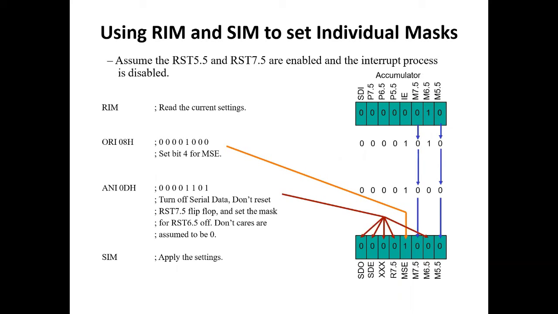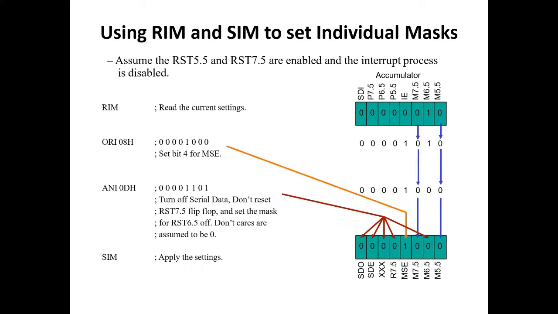Using RIM and SIM to set individual masks. Assume the RST 5.5 and RST 7.5 are enabled and the interrupt process is disabled. Now RIM, read the current settings. ORI 08H ORs the immediate value 08 with the value of the accumulator.